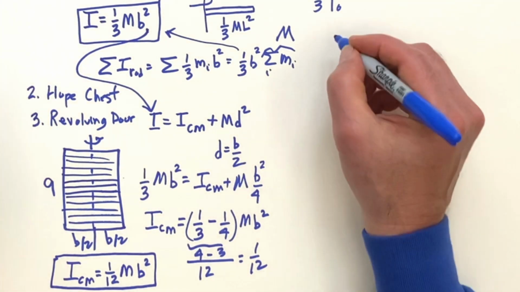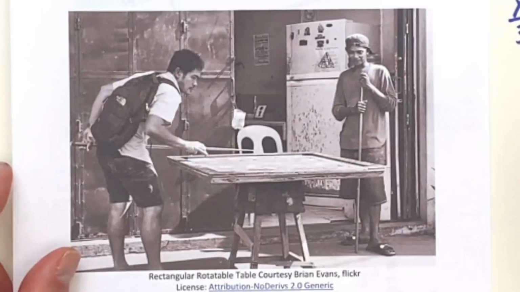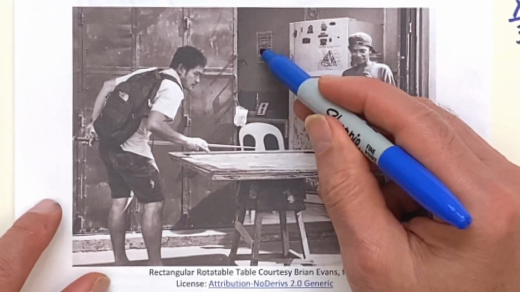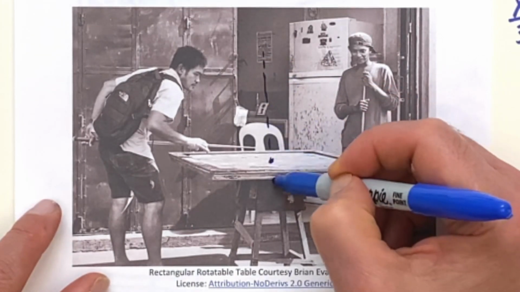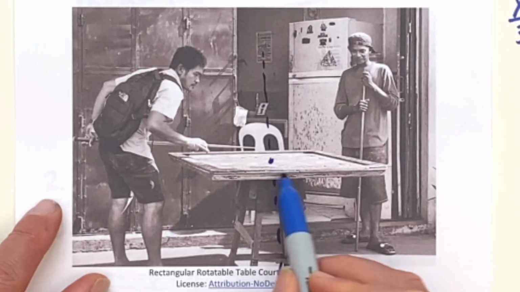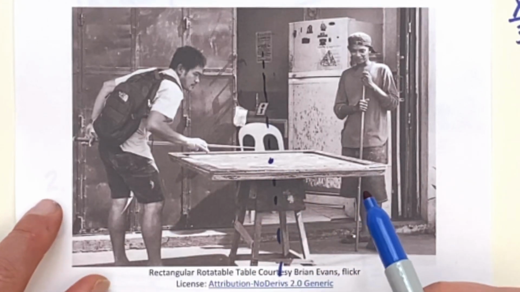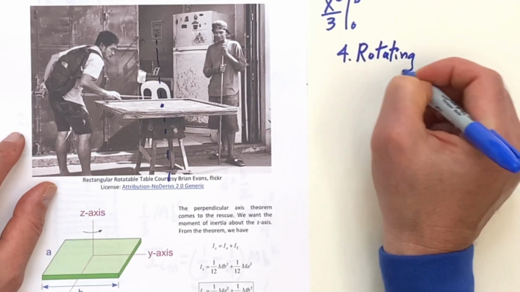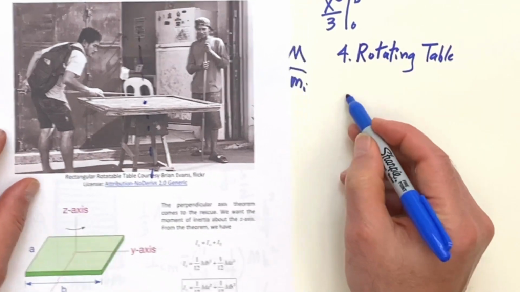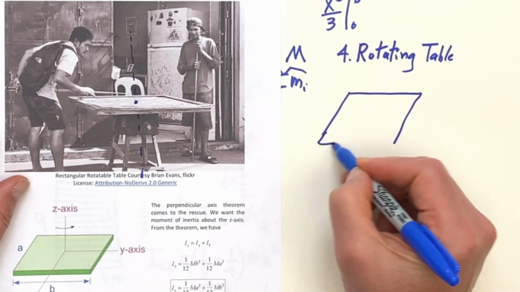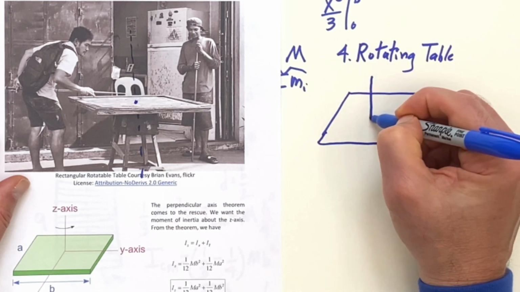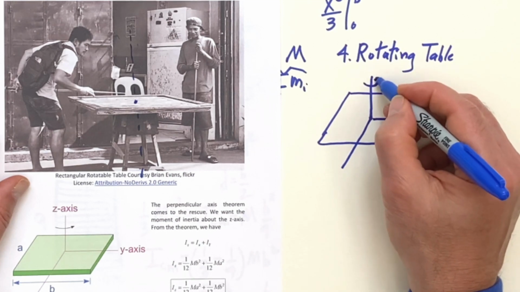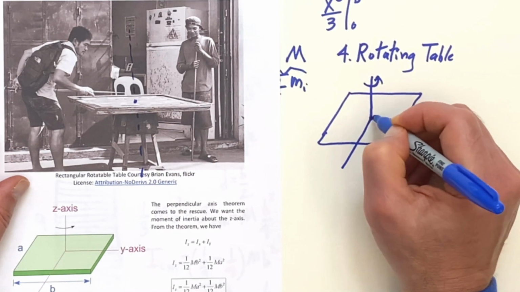Okay, here's a good one for rotating the rectangle, a table that rotates. So here, in other words, we're going to put the center right there through the center of mass and rotate it that way. So this way we're going to orient it a different way. So the rotating table, we're going to look at something like this now, where we're going through the center of mass, literally itself right there, like the point.